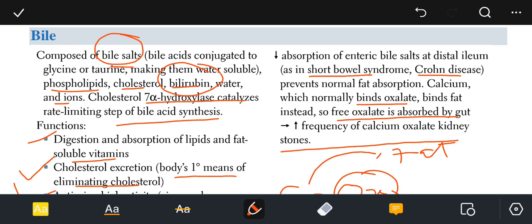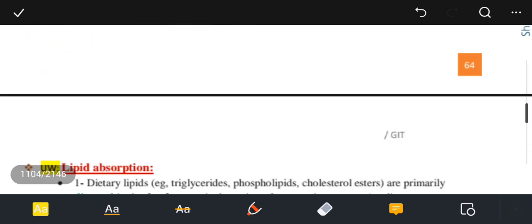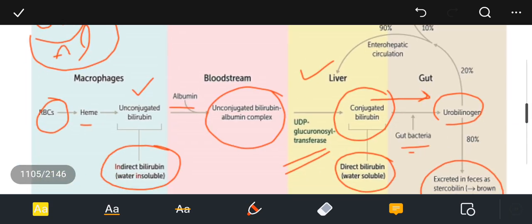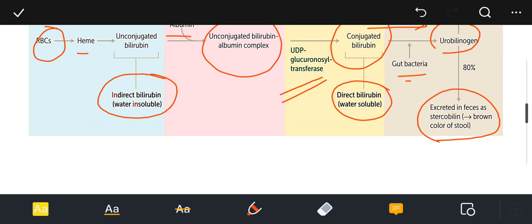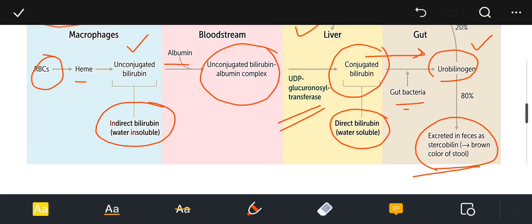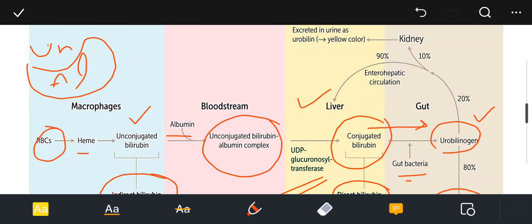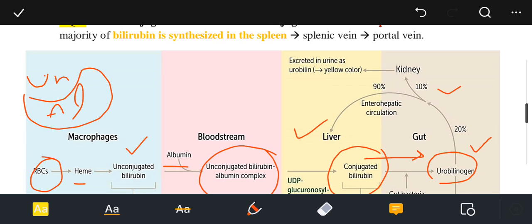I'm talking about bilirubin. Bilirubin is converted into urobilinogen, and most of the urobilinogen is excreted in the feces in the form of stercobilin, like 80% of that. Only 20% of the urobilinogen is reabsorbed, and out of that 20%, 10% goes to the kidney and is excreted in urine as urobilin, which provides the yellow color to the urine. 90% undergoes enterohepatic circulation.